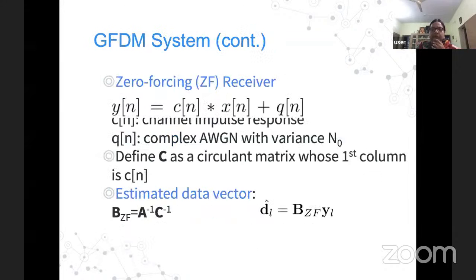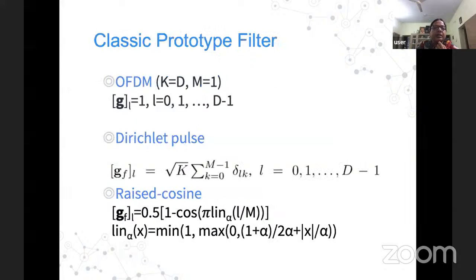So now, GFDM works with the channel and the receiver. We can estimate the signals using MMSE and zero forcing receivers. That depends. In OFDM, my subsymbols are equivalent to 1, and my K equals D data symbols.